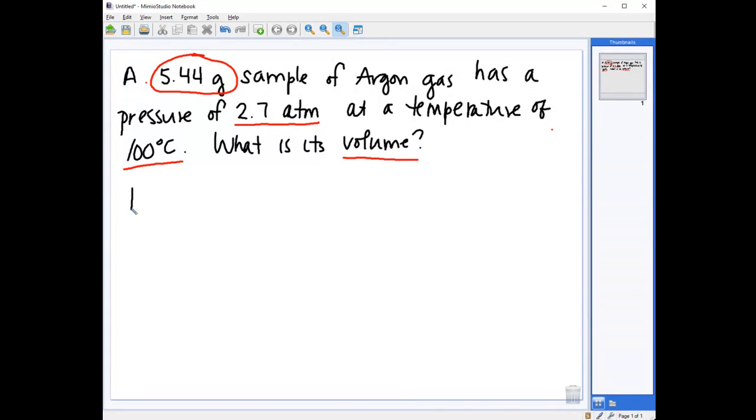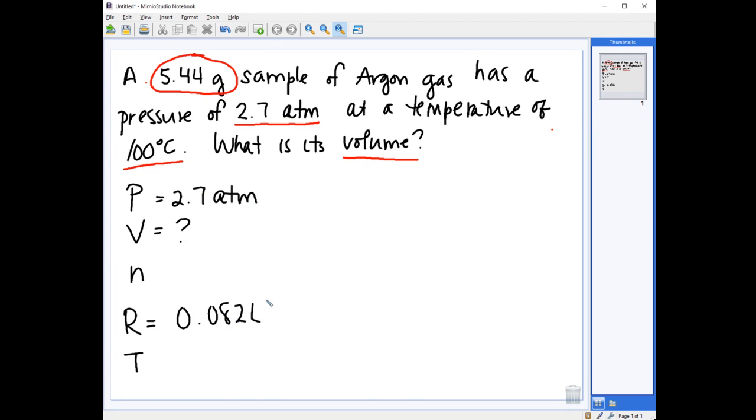So if I write everything out, PV equals nRT, I'm told my pressure is 2.7 atmospheres. I'm looking for my volume. I know R because it's a constant. I'm given my temperature, but remember my temperature has to be in Kelvin, so I add 273 to that, which gives me 373 Kelvin.